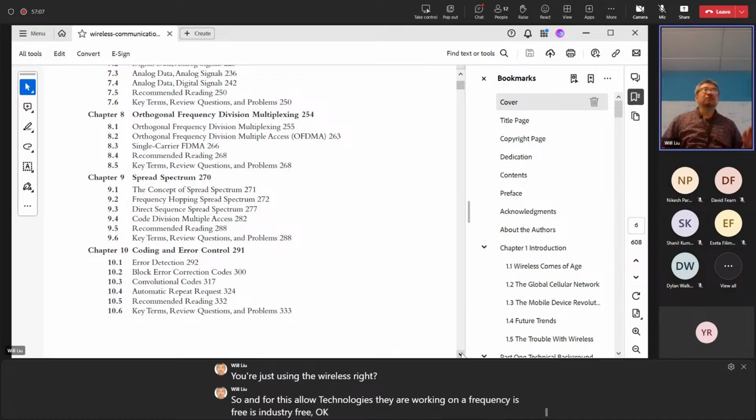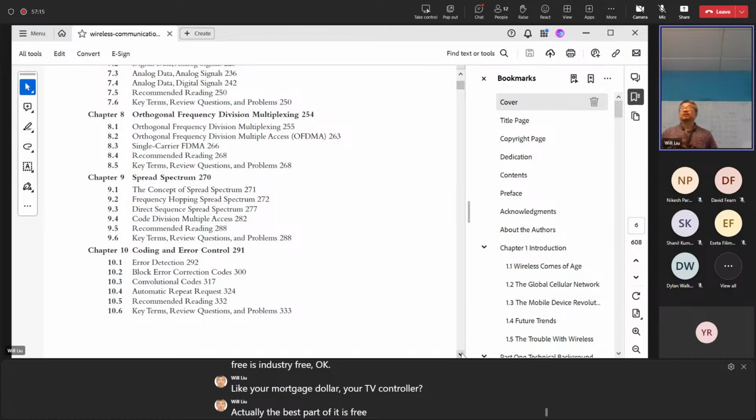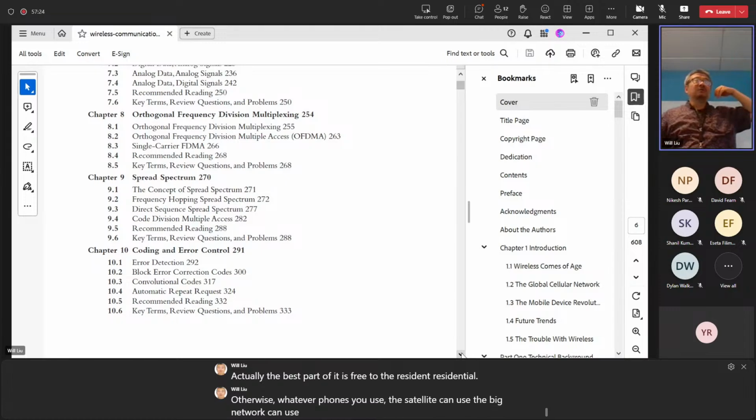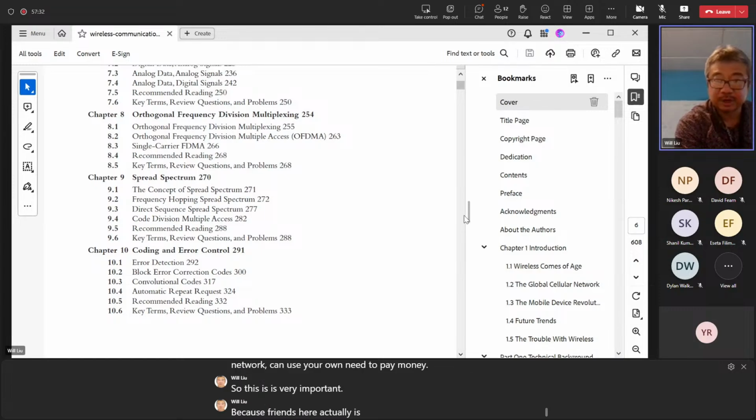Like your garage controller, your TV controller, that part of the frequency is free for residential use. Otherwise, whatever frequency you use, whether the satellite or the big network, you all need to pay money. So this is very important, because frequency actually is treasure.